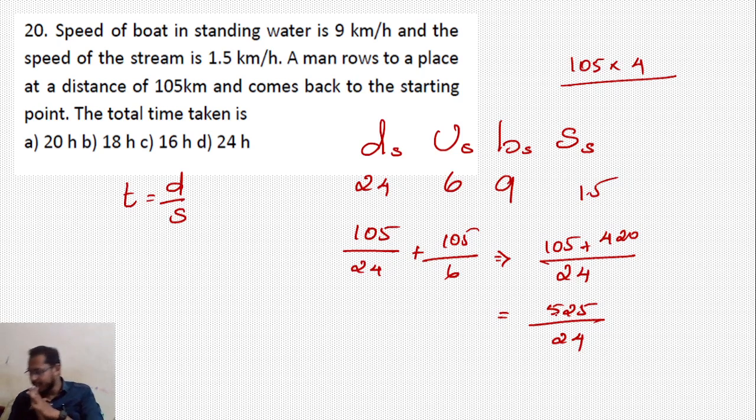Where did I make the mistake? 9, 24, 6, 105 kilometer distance. A man rode to a place at a distance of 105 and came back. So distance by speed, downstream is 24 and upstream is 6. 24 into 105 and 6, 4 times.